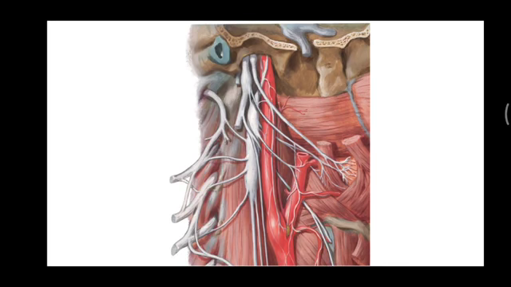You can see the connection between the superior cervical ganglion and inferior ganglion of the vagus over this region. This is the glossopharyngeal nerve. Again, you can see the connection between the ganglion and the glossopharyngeal nerve in this region. That was all about the lateral branches.